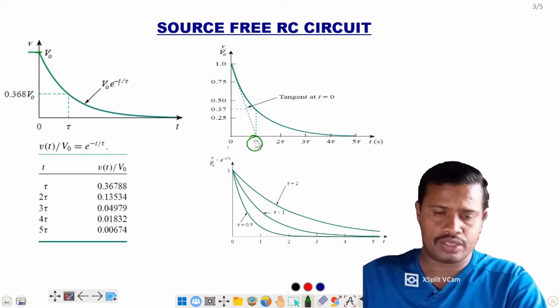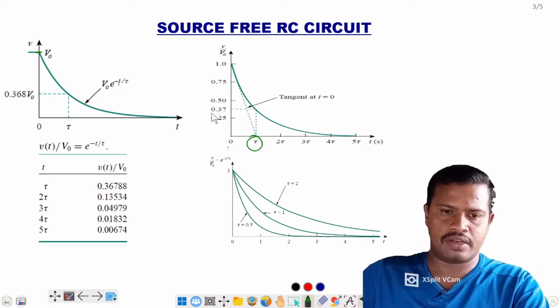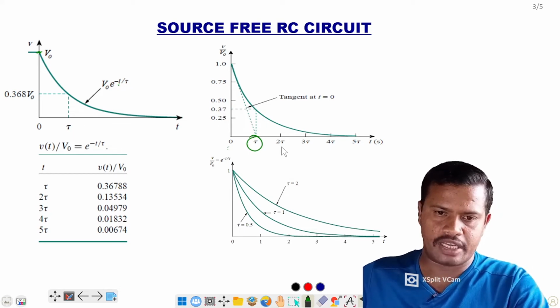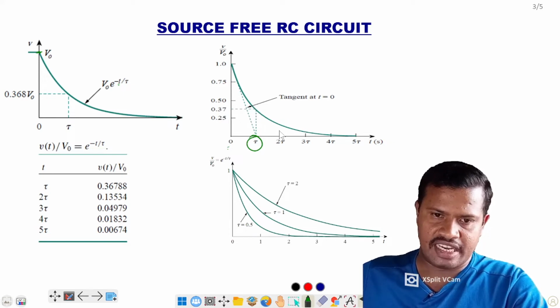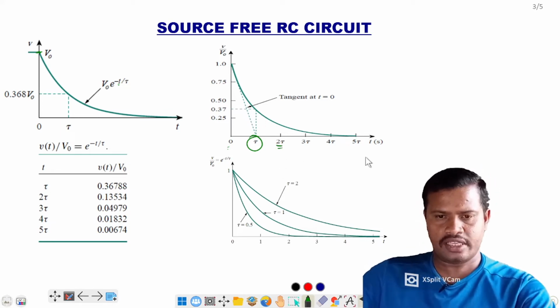At one time constant, the value of the response will be 0.37. If we want to find the two time constant, we need to draw the tangent at one time constant, and it will approximately intersect the time axis at 2 time constants, and so on. We can draw the graph.